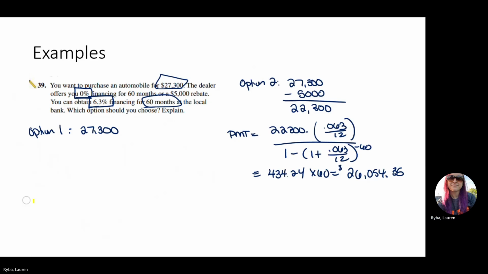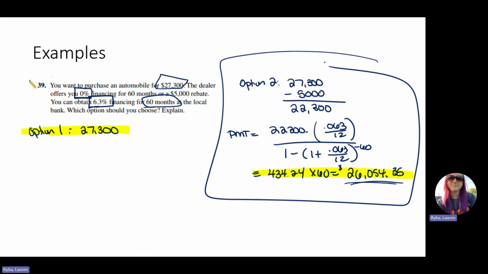Comparing those two values, which one was the better option? Option 2. 26,000 is less than 27,000. So this would be the option you would take. Again, another example of things you want to think about when going in to purchase a car.